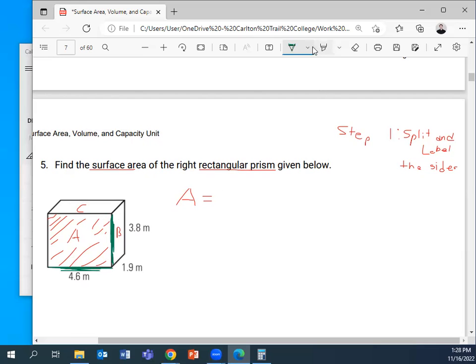So A is going to be 4.6 meters times 3.8 meters. If I multiply those together, what am I going to get?